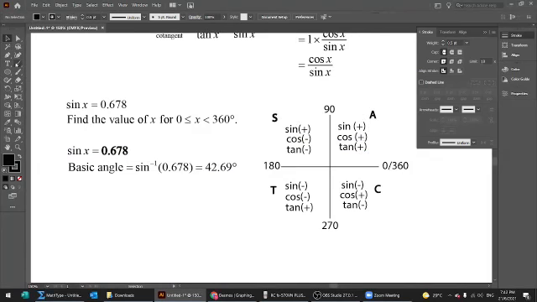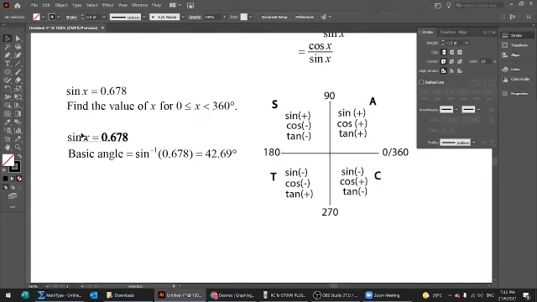So we don't look at the basic angle value. We look at this value, which will tell us which quadrant it is. It means it falls into which box. Because sine is positive, it falls in the first and the second one.